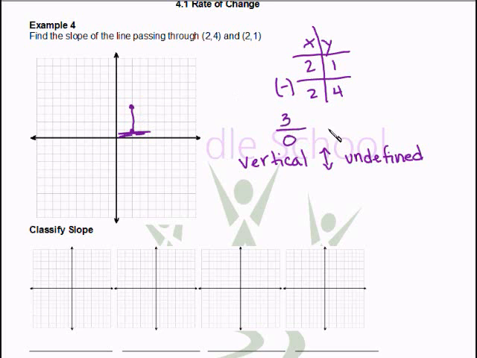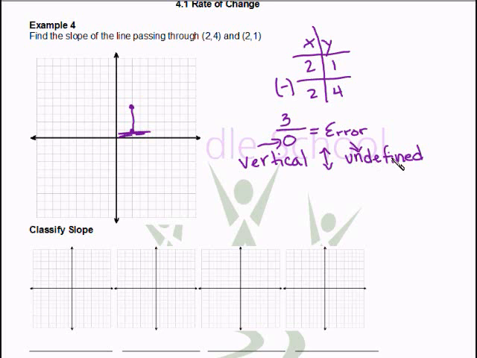So when I have 0 in the denominator, my answer isn't 0, because try in your calculator 3 divided by 0. You get an error. And when you get an error, it is undefined. It is undefined because you can't drive on a road that goes straight up and down.